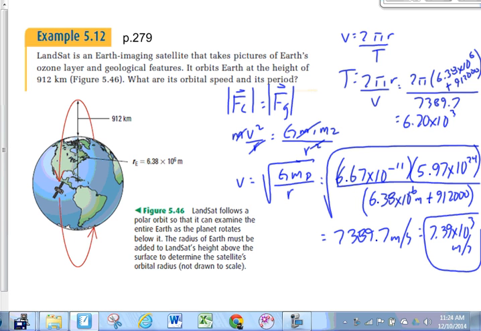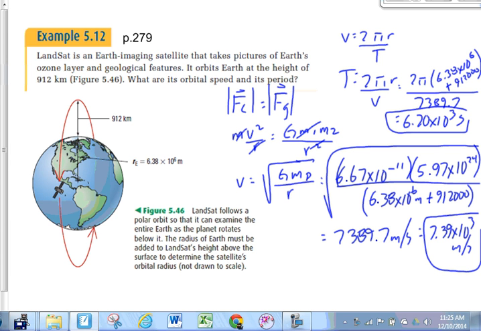Now, you could figure out what that is in hours and days and minutes, but it's fine to leave it in seconds. In fact, it's probably better to leave it in seconds because that's our standard unit. Make sense? There's a good chance that you'll have a question where you got to do something with this.